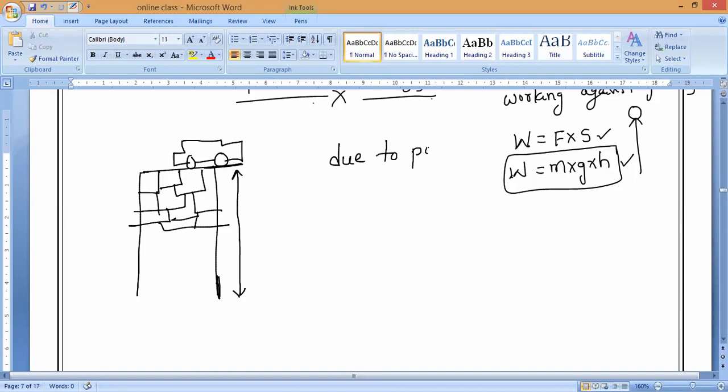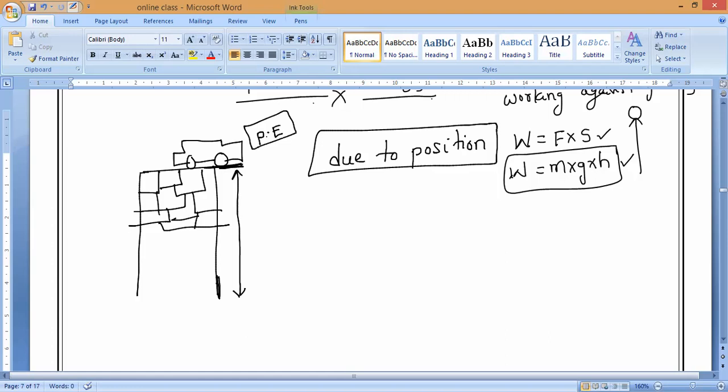Potential energy is due to position; the energy possessed by a body due to position, we call potential energy. So if the toy car is placed on the terrace of your house, which energy does it possess? It is at some height above the ground, so at this height it is possessing potential energy. Yes or no, Sai?